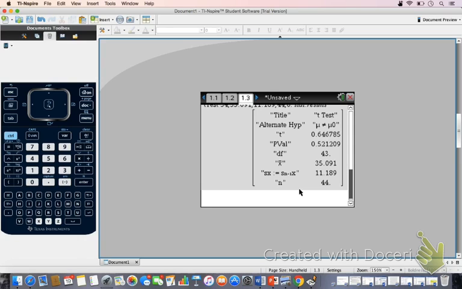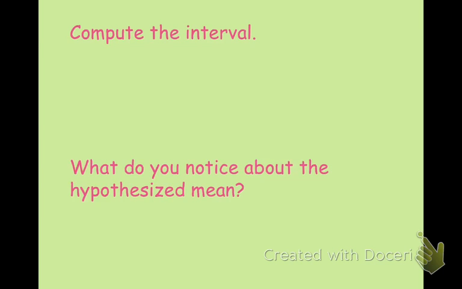All right, let's take a look at this confidence interval and what it means, and then we'll be done for today. So we just found our confidence interval to be between 32.255 and 37.927.